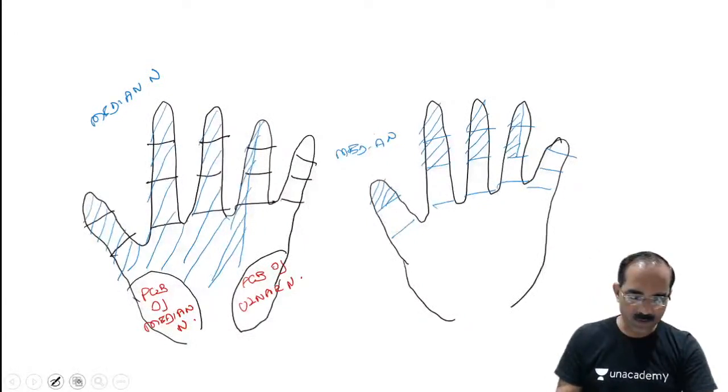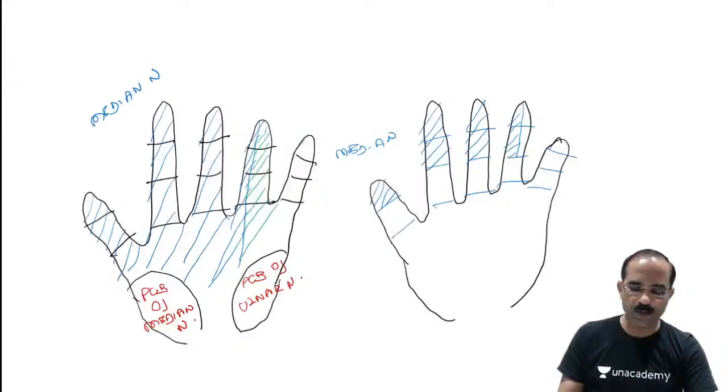Now who's going to supply the remaining 1.5 fingers? Look, this 1.5 fingers is left. The 1.5 fingers on the palmar aspect are supplied by the superficial branch of ulnar nerve.